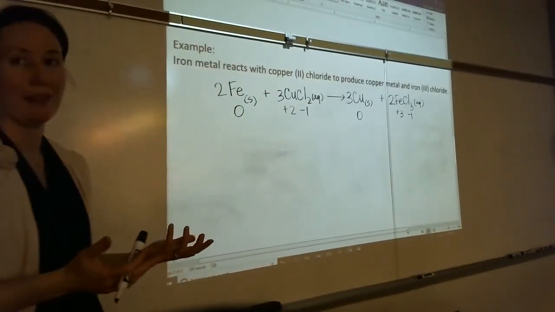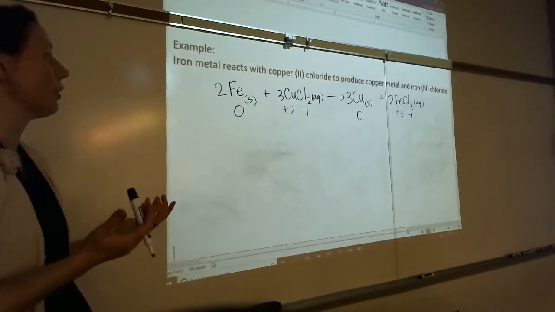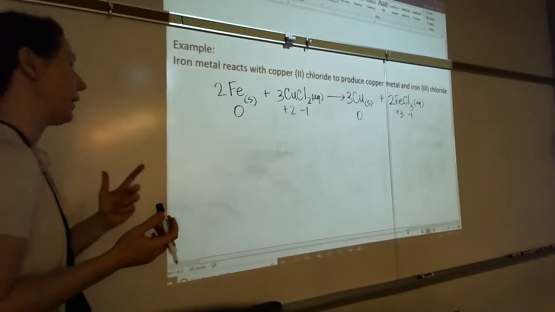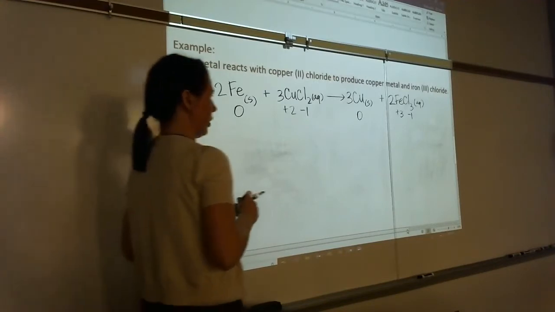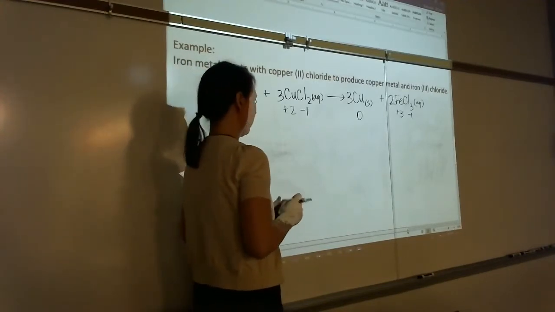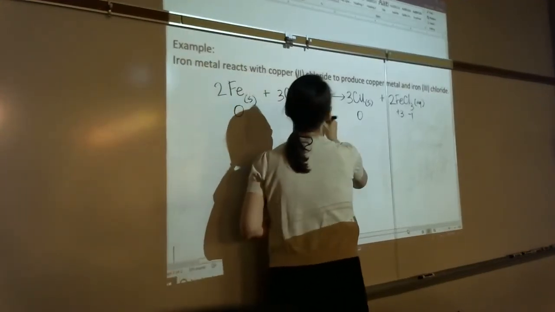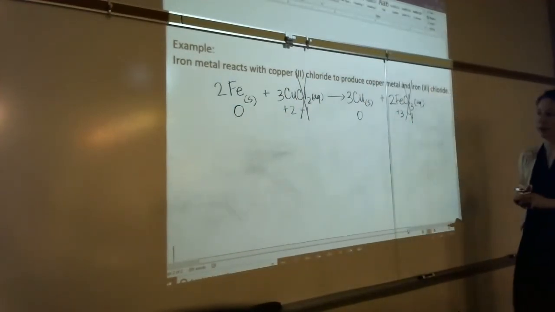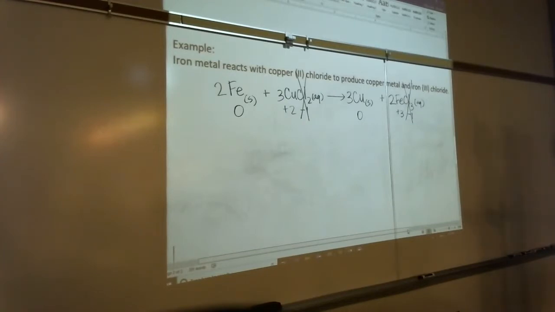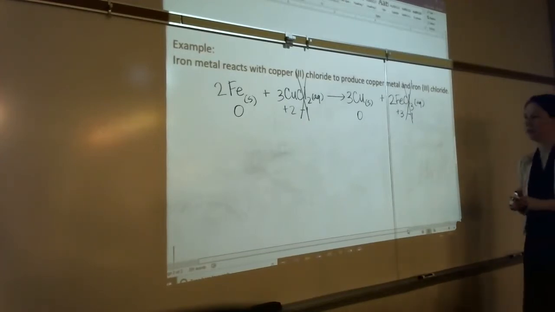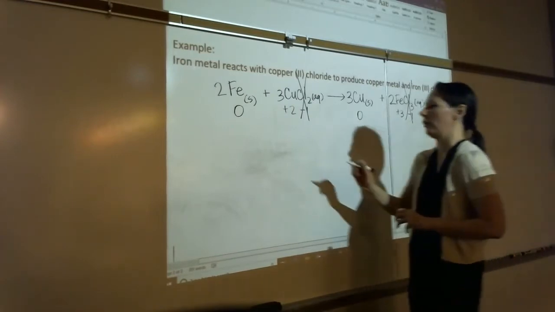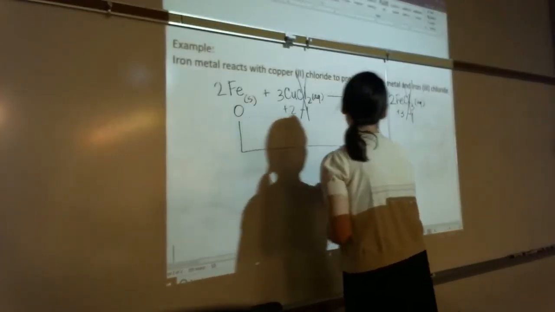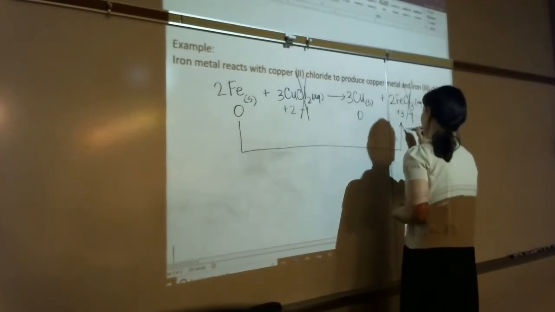Now, if you want to clean things up, you can ignore the ones that are not changing. There's one element here whose oxidation number doesn't change. What is it? Chlorine, so you can just ignore it. Chlorine is not participating, it's a spectator, because if you wrote a net ionic equation, it would come out as a spectator. So you've got iron going from 0 to +3.